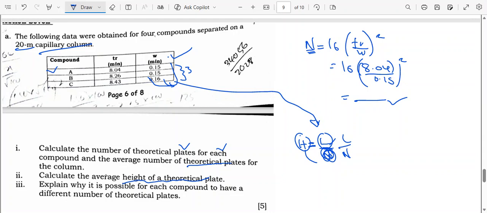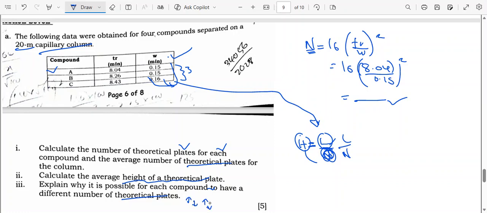Then explain why it is possible for each compound to have a different number of theoretical plates. The reason is that each compound has a different diffusion rate and also a different interaction.